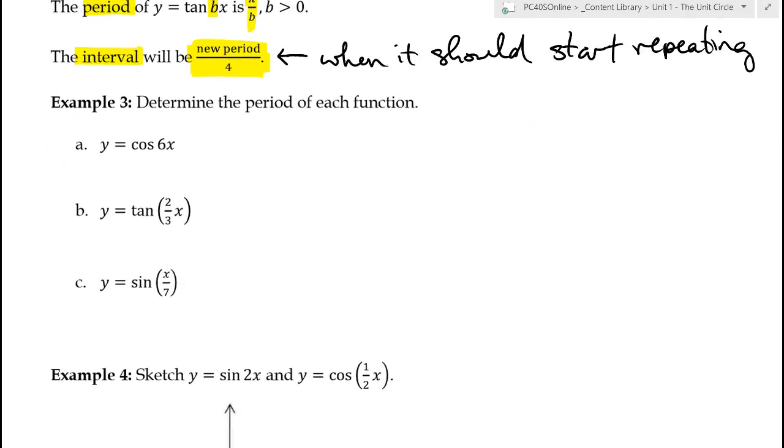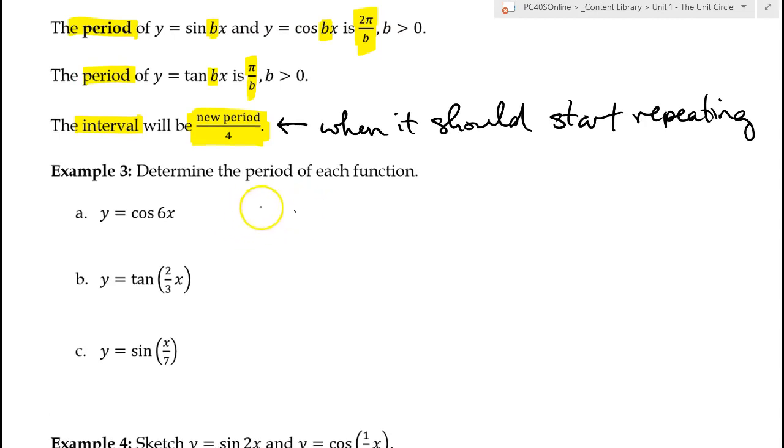So in example 3, we can quickly pump through these using the formulas from above. If b is 6, then my period is going to be equal to 2 pi over 6, which is the same as pi over 3.